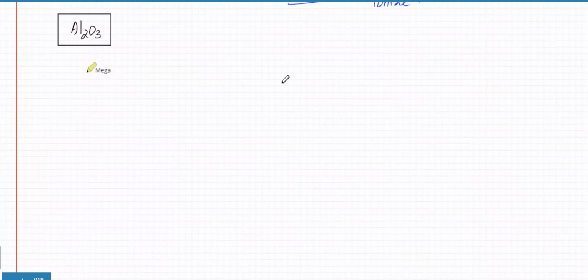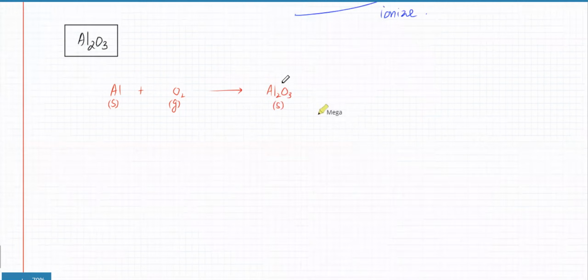So first thing, start off with enthalpy of formation. You've got aluminium, which is a solid element, and oxygen, which is a diatomic gas. These two are joining up and forming Al2O3, which is a solid.